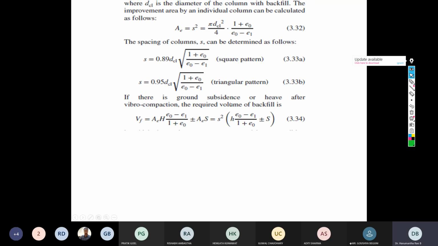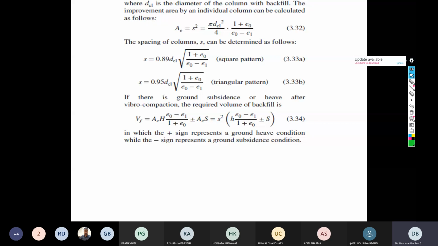Suppose there is a ground subsidence or heave after vibrocompaction, the required volume of backfill Vf is equal to A into small h, not capital H, A into small h, (E naught minus E1) by (1 plus E naught), just the same equation, plus or minus A into S, where S is the depth of the subsidence. Here there are two signs, plus or minus. Plus can be used if you observe a heave, minus can be used if you observe a subsidence.